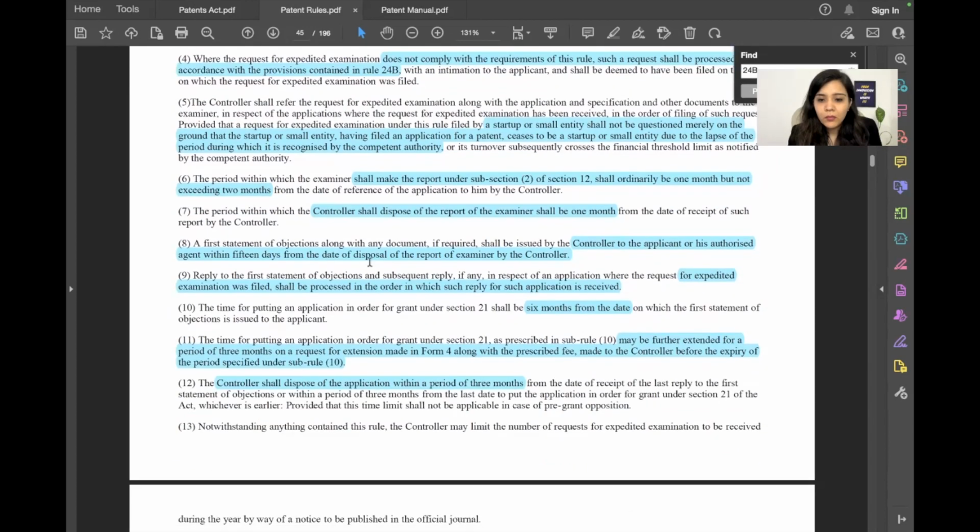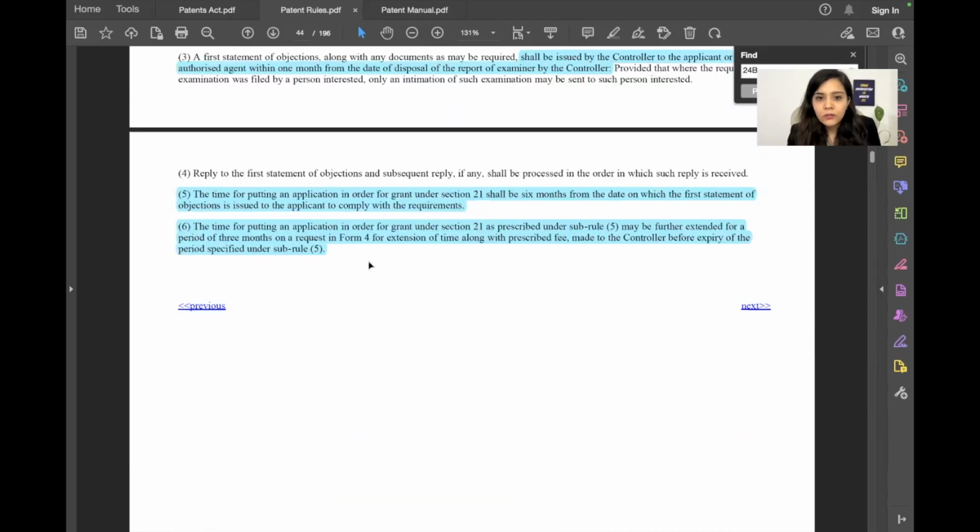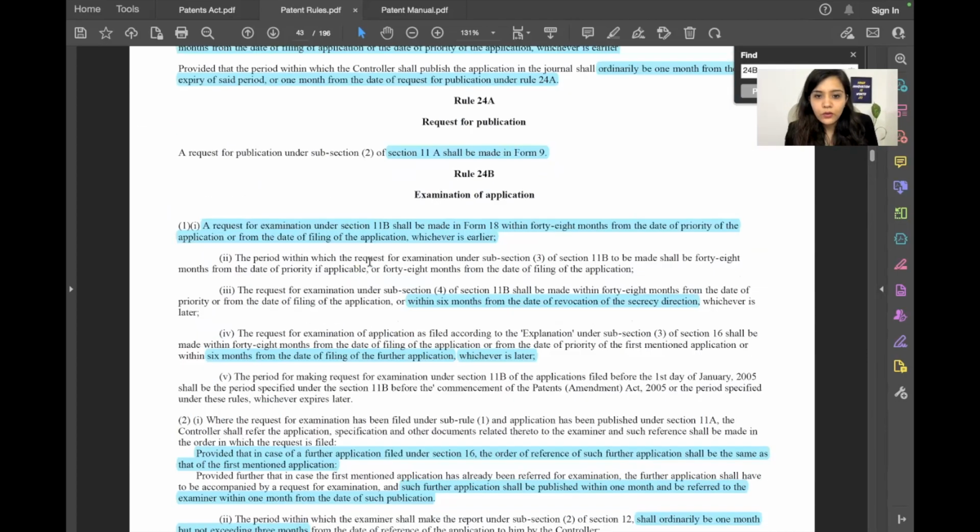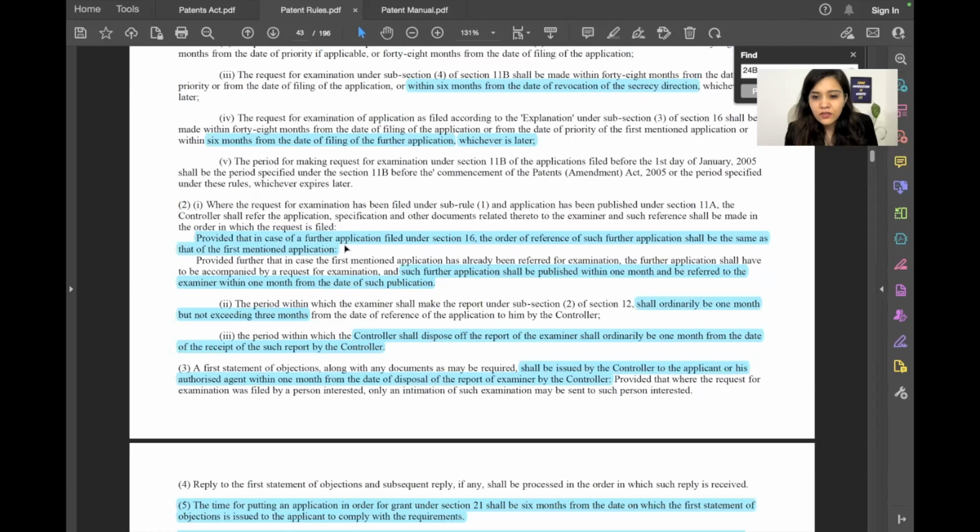Now, there are some other timelines which are mentioned in 24B and 24C. I'll suggest you give it a read, because like in section 12, it is explained the controller will give the documents to the examiner. The examiner will prepare the examination report and give it back to the controller. The controller will review and give it to the applicant.